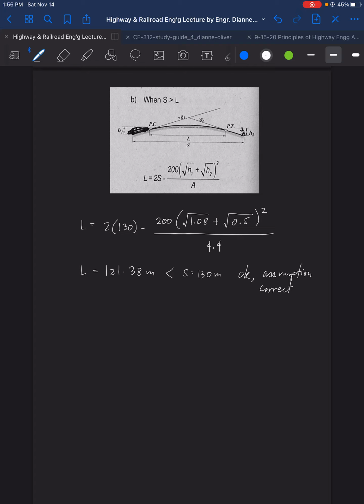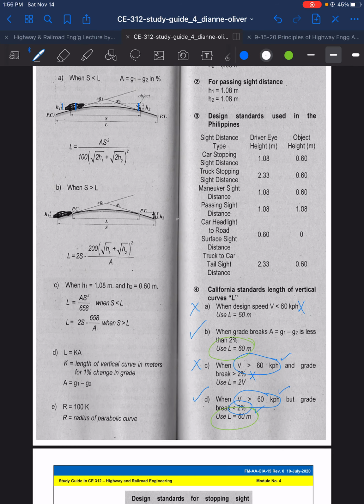Now, what do we do with this? Let's go to the design criteria here. We don't know yet what is the design speed, but let's base it on the grades.